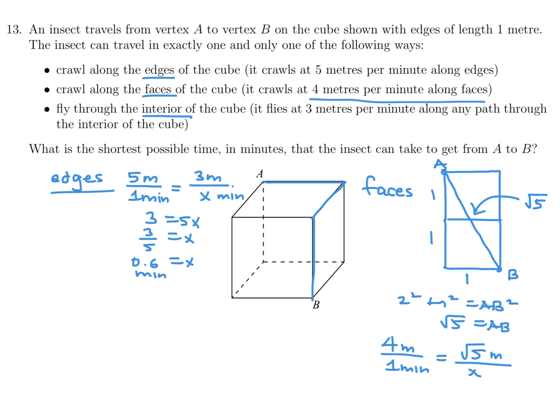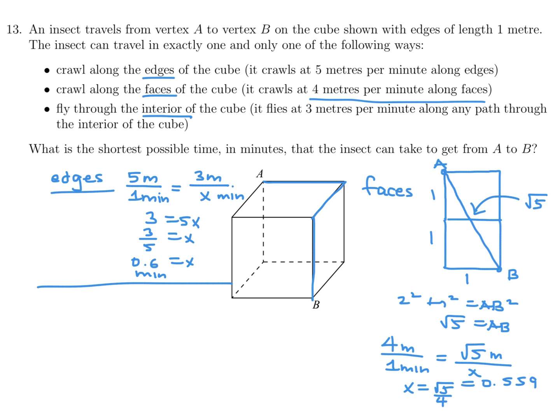Is that right? Yeah. So that means that x would be root 5 over 4. And in decimals, that is 0.559. Okay. And then finally, we got to do the interior.